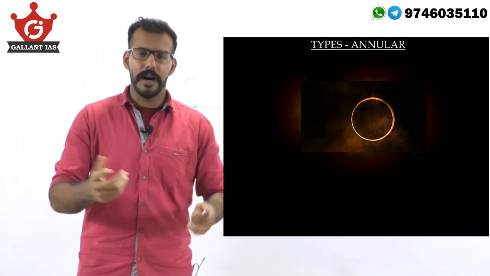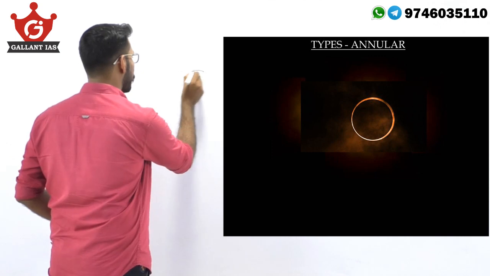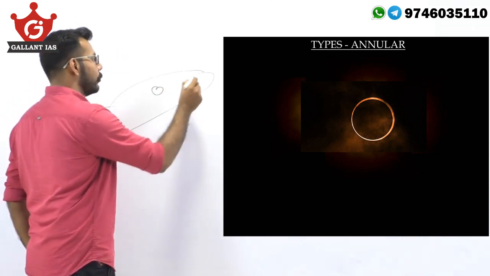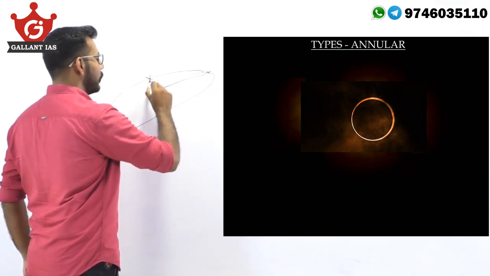There is a question why this happens. And the reason again for this is the elliptical orbit that the moon occupies. In this elliptical orbit, sometimes the moon is closer to the earth and sometimes it's further away.